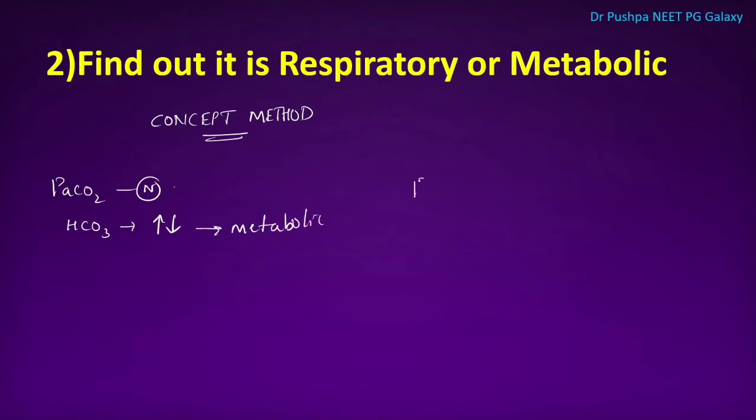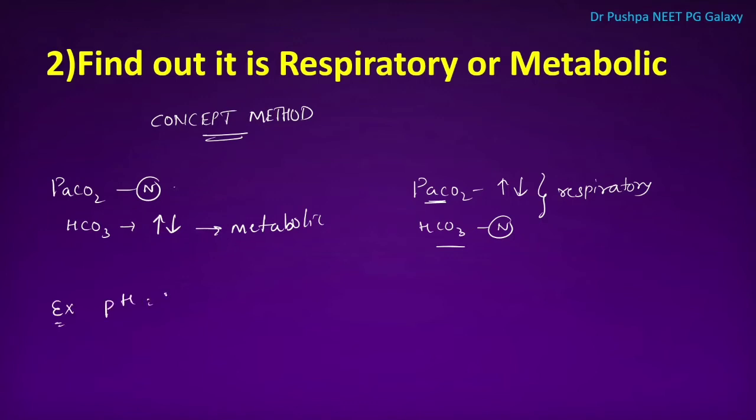Whereas in some other cases, if PaCO2 is increased or decreased, whereas HCO3 is normal, we can take it as a respiratory condition, either acidosis or alkalosis based on pH. If the PaCO2 value is abnormal, we can take it as respiratory provided the bicarbonate is normal.